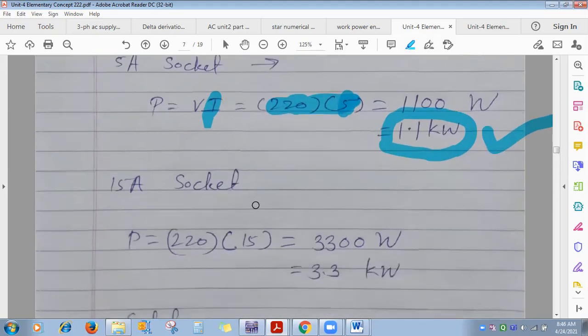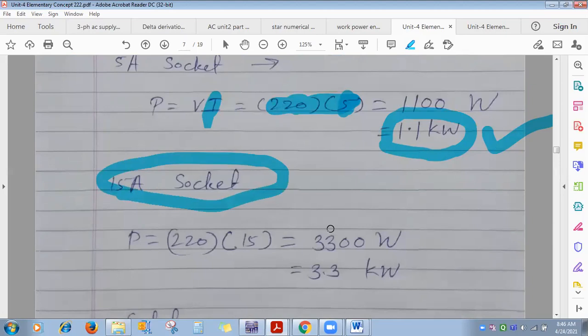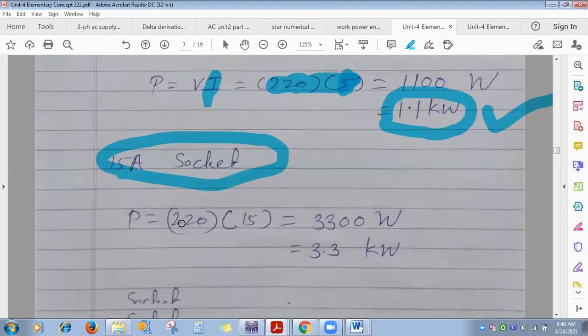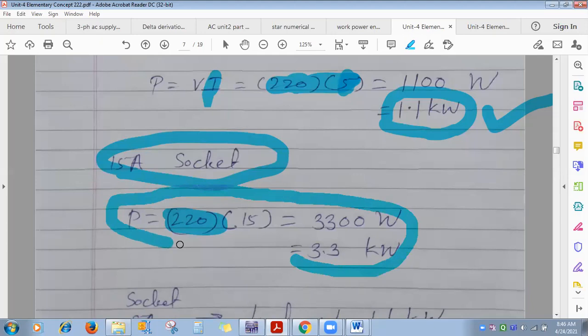And if the socket current rating is 15 ampere, then the voltage available everywhere, all of you know, is single phase AC voltage of 220 volt. So if it's a 15 ampere rating socket, how much load can you connect across it?